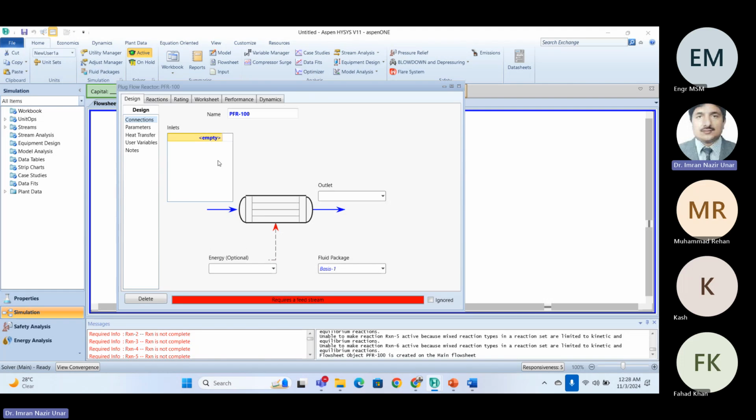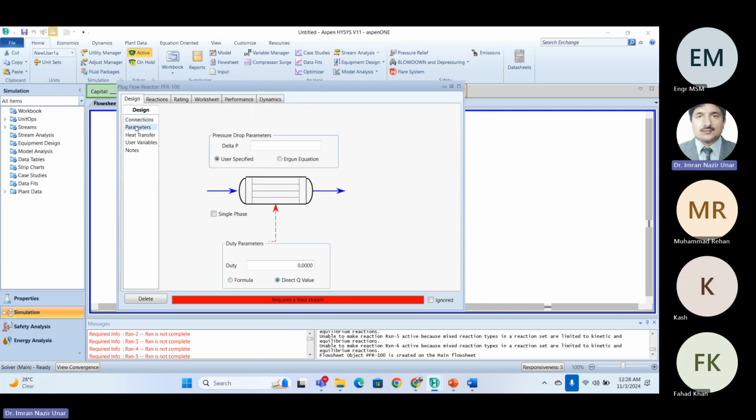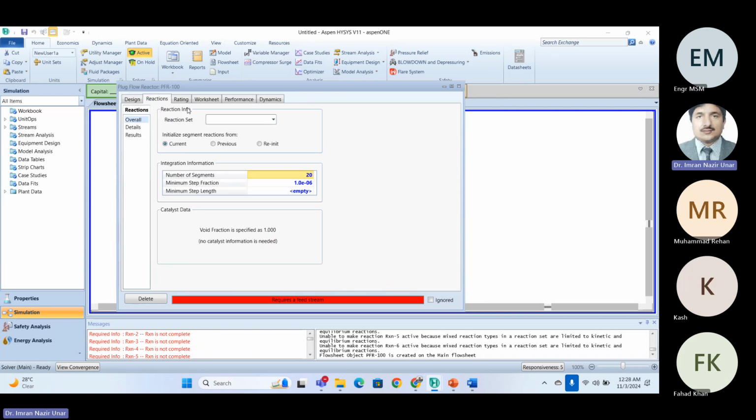Again, you have inlets, multiple inlets can be inserted from this side, and you have only one outlet stream. And in the parameters, you can see either a delta P or duty if you have defined some energy streams. And the reaction set, any set you have already defined in the reaction panel, you can call this. Now here, number of segments 20.